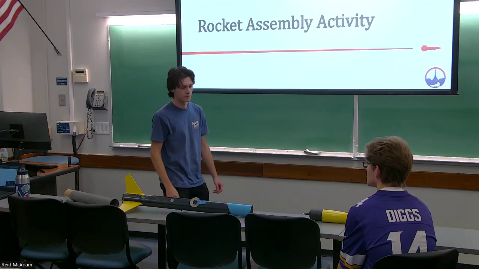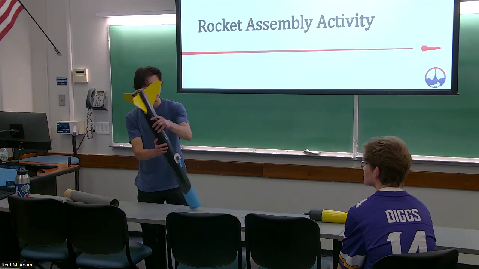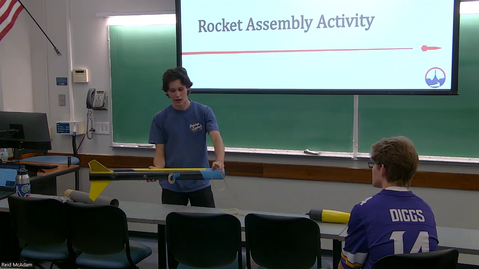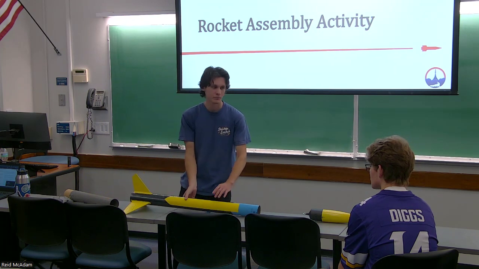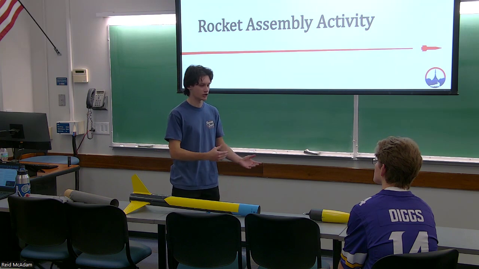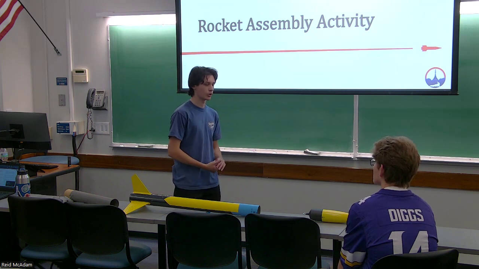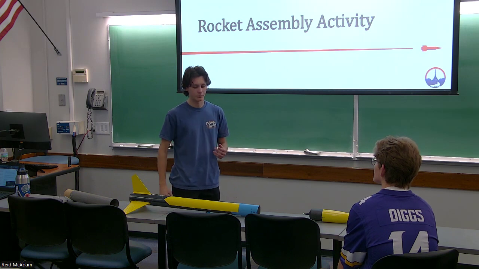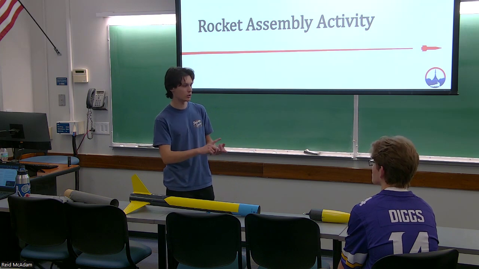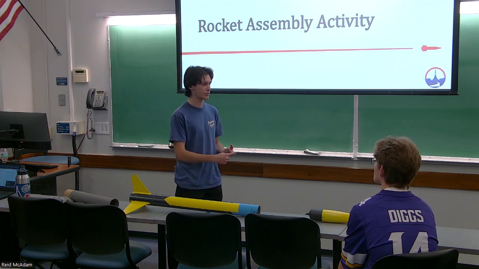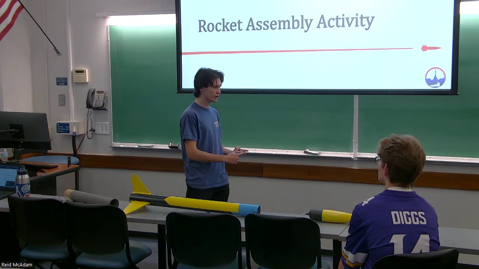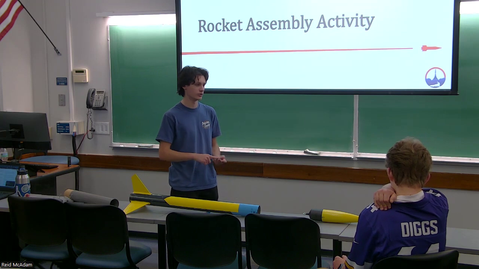For the L1, the motor would go into the motor tube back here, and at the forward end of the motor you could put in a little bit of black powder so that when the motor finished burning, it would set off the powder and eject the parachute. With the L2, though, you incorporate an altimeter because the L2 goes higher. So we need two parachutes: a drogue and a main. We need a big enough main parachute to slow things down, but we don't want so much drift, and to avoid the drift, we use a drogue parachute.